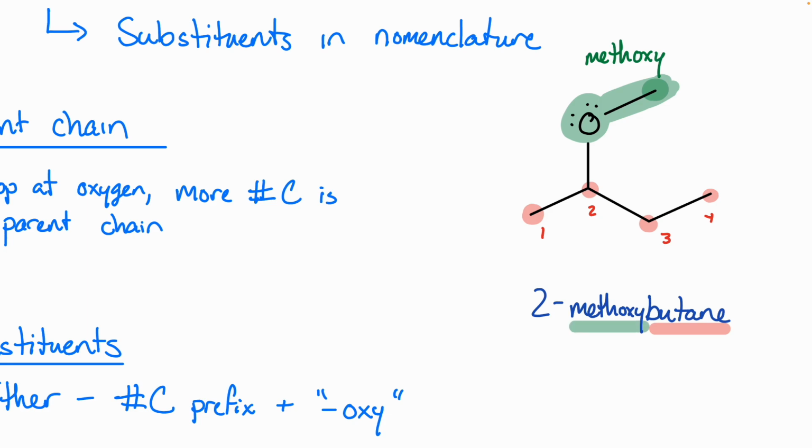All right, I have my substituent on carbon 2 of my parent chain. That substituent is an ether, a methoxy group, a 1-carbon ether group, and the parent chain is that 4-carbon parent chain, my butane.